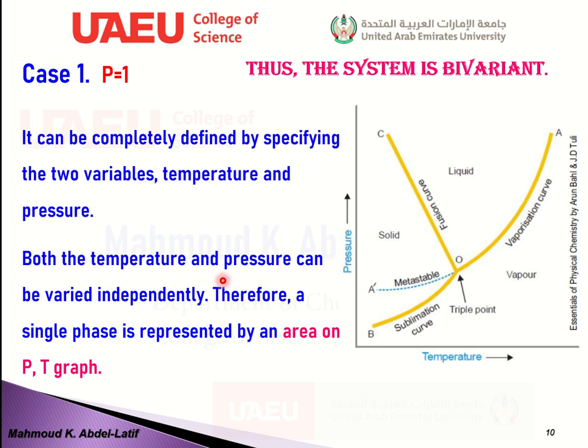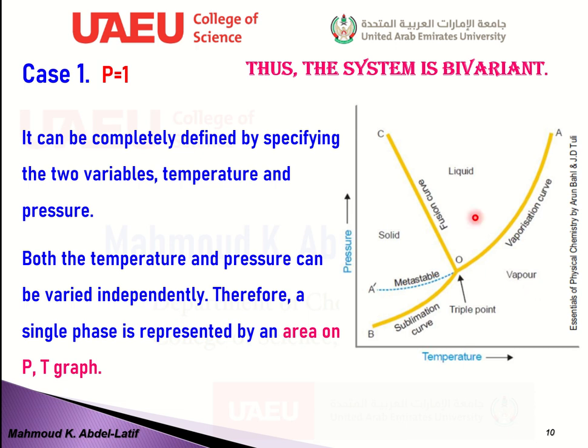Both the temperature and the pressure can be varied independently. Therefore, a single phase is represented by an area on the PT graph. So if you are here, for example, or here, or here, you have one phase. It could be a liquid phase, solid phase, or vapor phase.